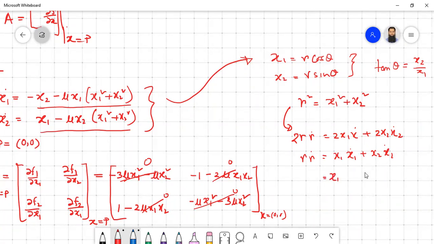So x1 times minus x2 minus mu x1 into x1 square plus x2 square. Okay, this is the first one, then plus x2 times x1 minus mu x2 into x1 square plus x2 square.